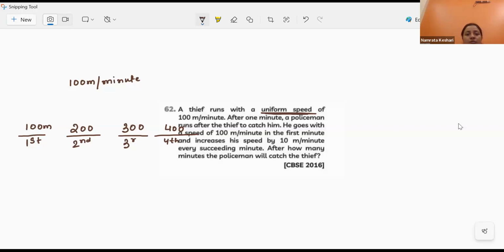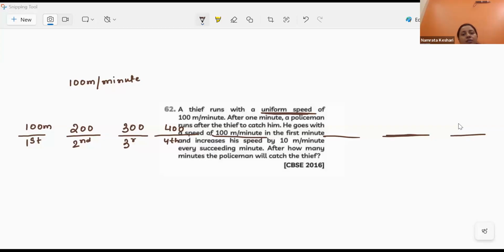Okay, after 1 minute, a policeman runs after the thief to catch him. The thief just keeps on going and going. The thief is just moving, and we need to check.